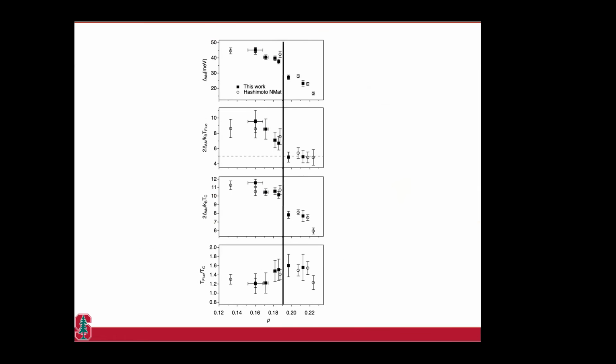This delta has a large change. But if you plot delta over TC, it also has a large change, but doesn't seem to have that. But if you plot delta over T fluctuation, you begin to see some change.